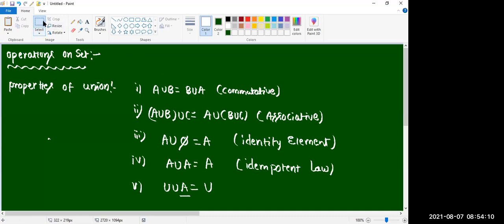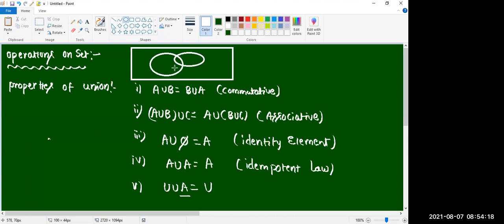For A union B Venn diagram you wrote? Yes, sir. You didn't write it? No, sir, we didn't. Write the Venn diagram for A union B if you have some small space.